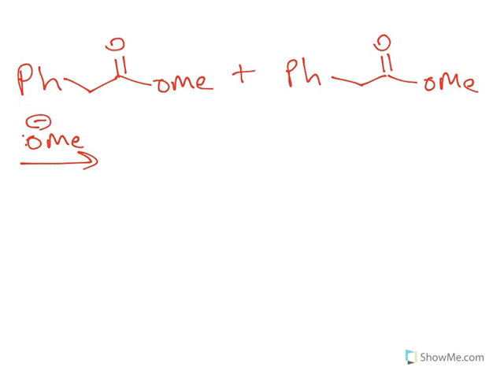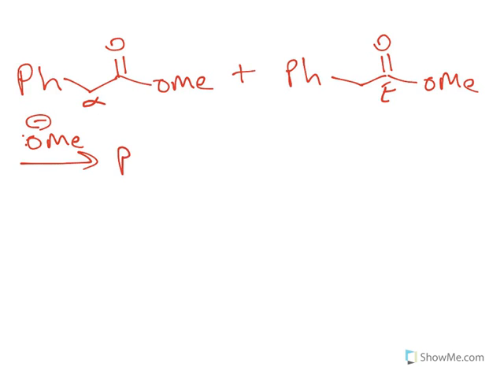So we definitely want to make sure we're using the right base here, which is going to be methoxide. All right, so how can we imagine that this reaction works? Okay, so the way I like to look at this is I'm going to draw an alpha here, and then I'm going to draw an E here. The reason why is I'm going to say that the alpha is going to attack that electrophile. All right, so I need to make a bond between those two.